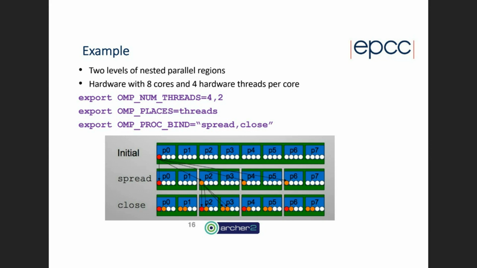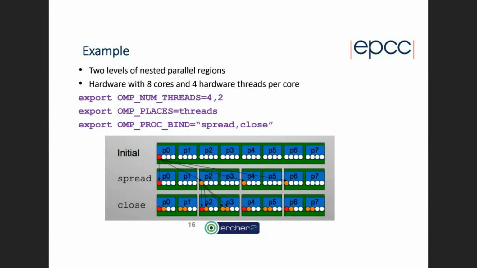What that will do is that essentially the original master thread will get bound to, most likely, hardware thread 0 on core 0, and then the first level of 4 threads in the outer parallel region will get spread out as far as possible.